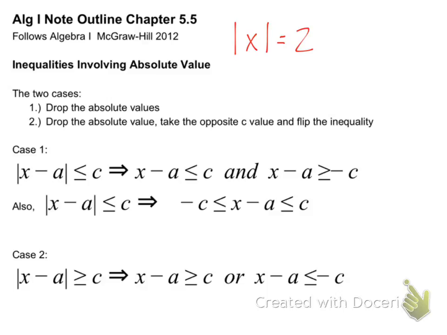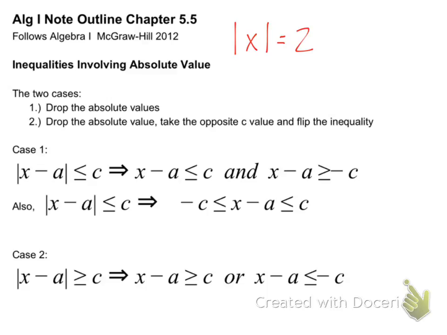Negative 2 and 2. Two different points on the number line are the exact same distance away from 0. One positive way, one the other way, the negative direction. So that's great. There could be a chance there's only one answer, or none. But most of the time there was two answers.